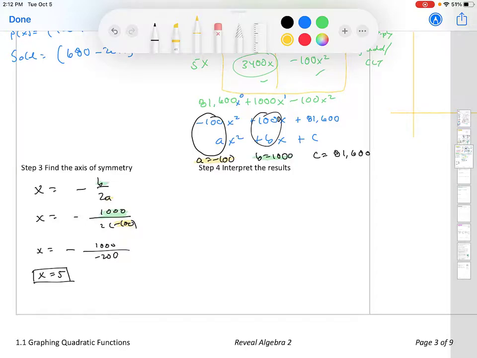Just take your x value and put it back into the function. So that would be P of 5, so every x value is going to be 5. Feel free to use a calculator with the big numbers. No need to show off your math skills here.